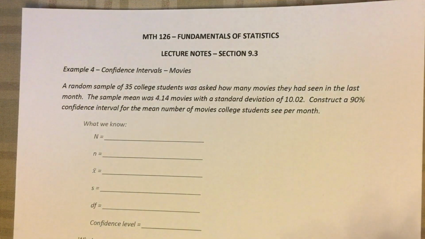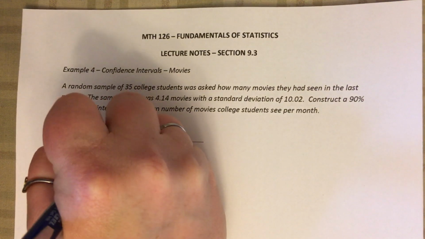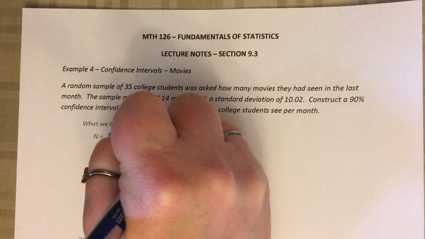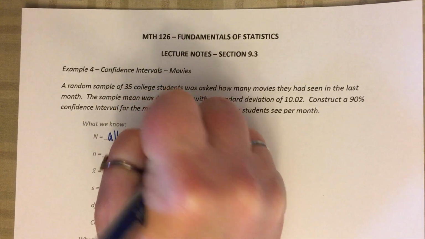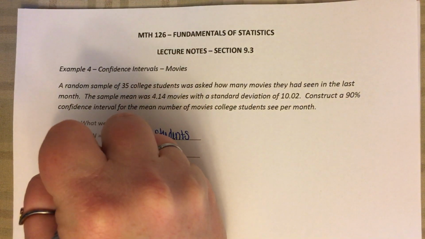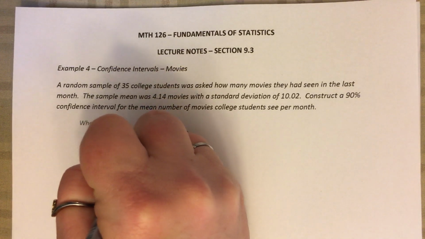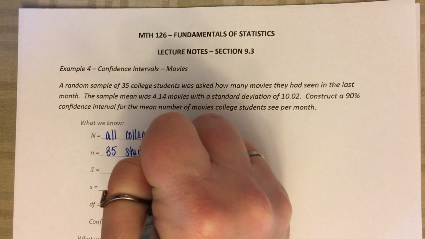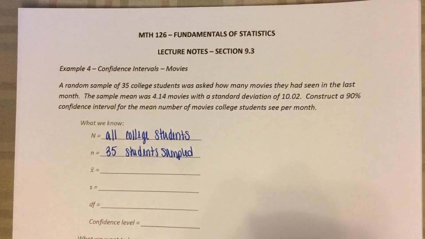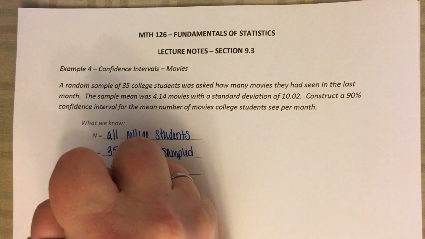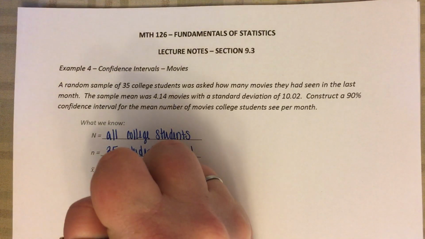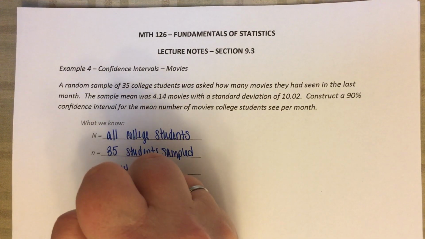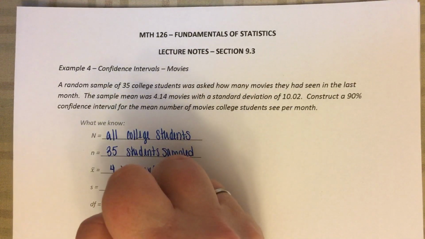All right, so we're going to start with our population. Our N is all college students. Our sample size, 35 students sampled. Out of this sample, our mean was 4.14 movies. Our standard deviation, 10.02 movies.